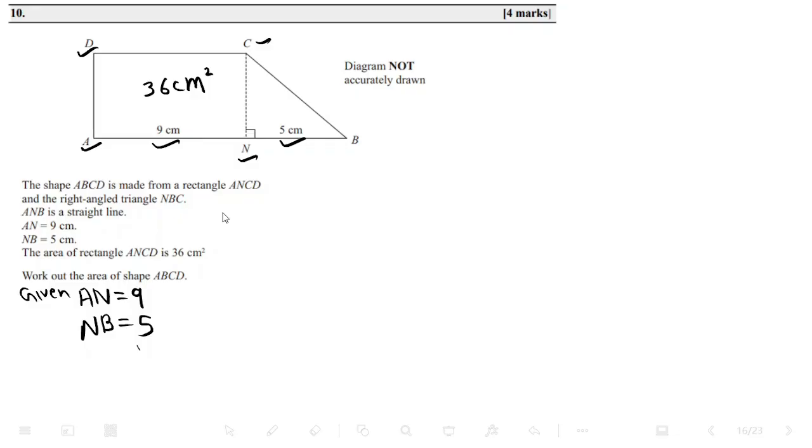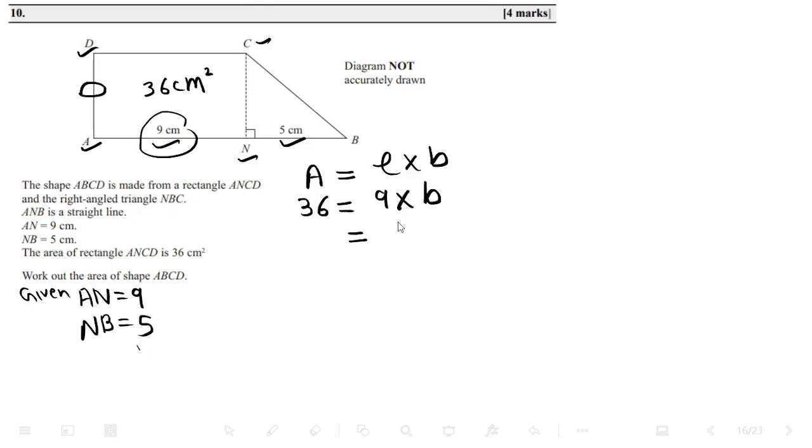We know that the area of a rectangle is length into breadth. The area is 36 and the length is given, so we can find the breadth. 9 is getting multiplied, so it will get divided. 36 divided by 9, 9 fours are 36. So the breadth is 4 centimeter.